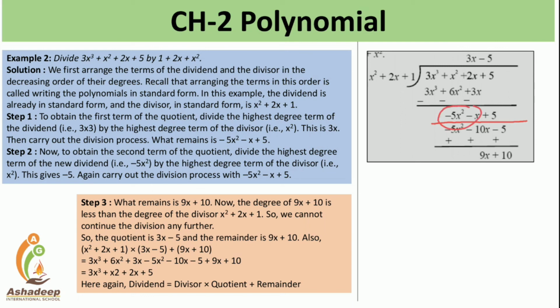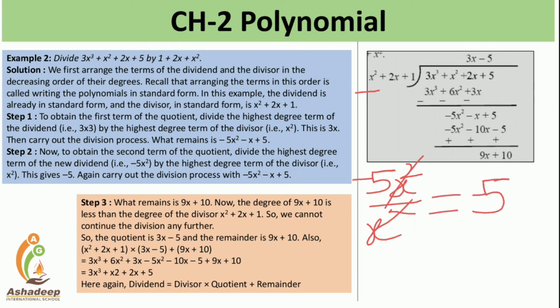Now I have to write down minus 5x square upon what? x square. So x square cut. So what is the answer? Minus 5. So now I have to multiply. I have to put minus 5 into the quotient.